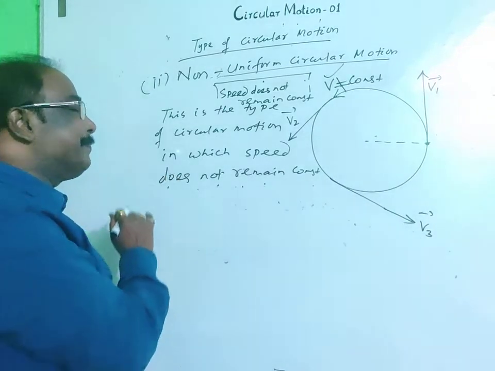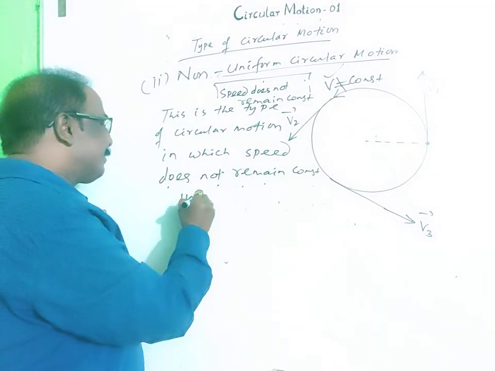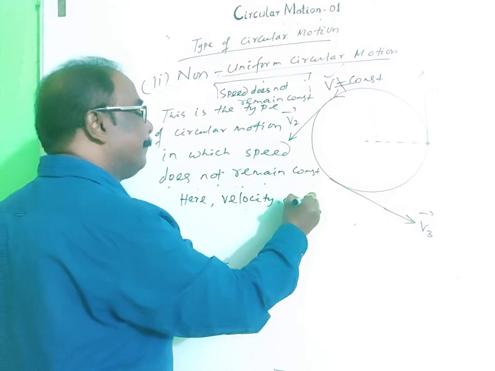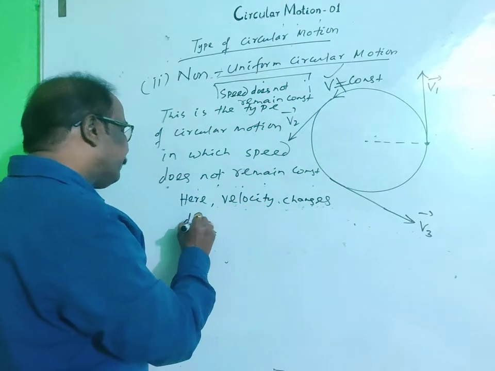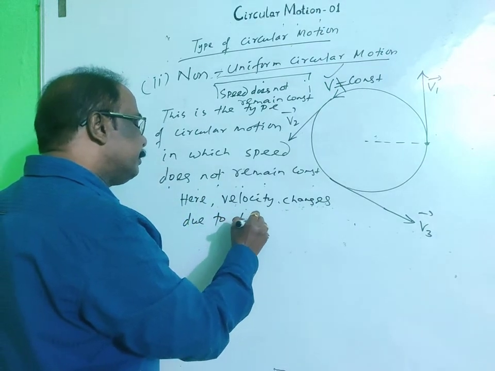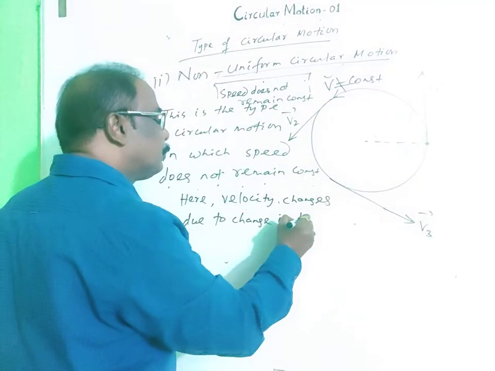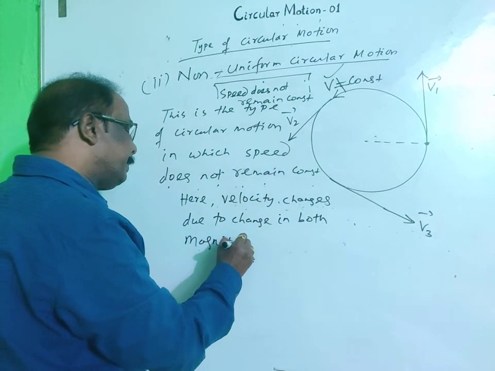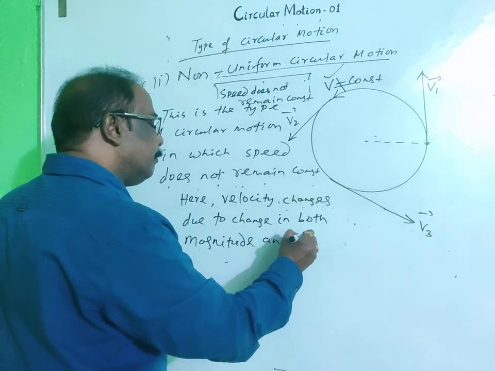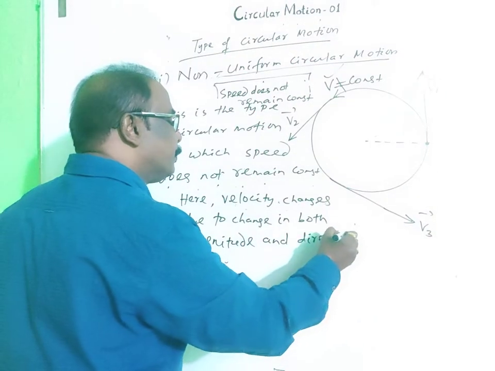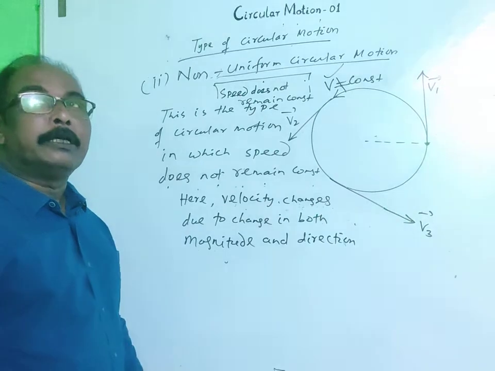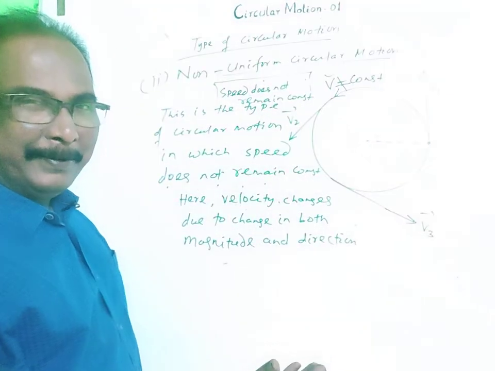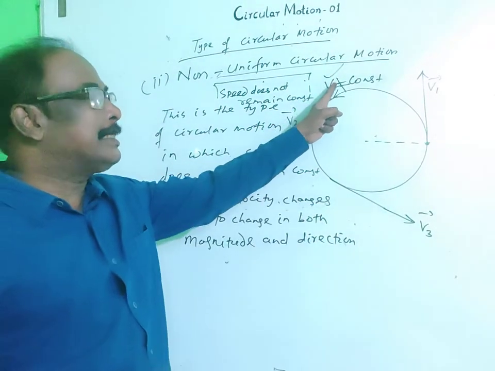So in non-uniform circular motion, velocity changes due to change in both magnitude, means speed, and direction. So in non-uniform circular motion, speed changes.